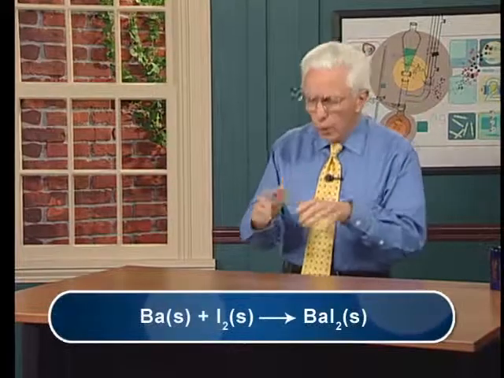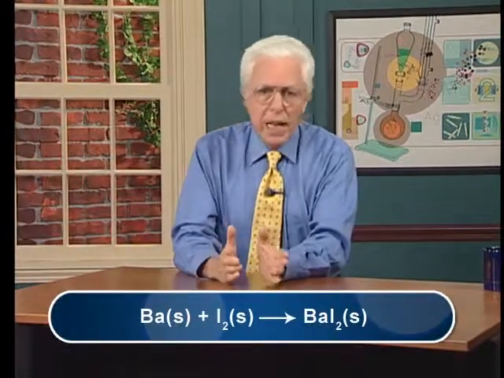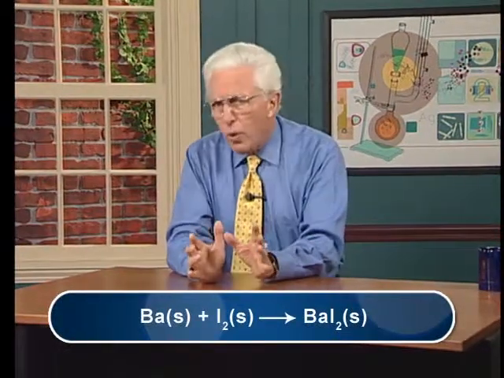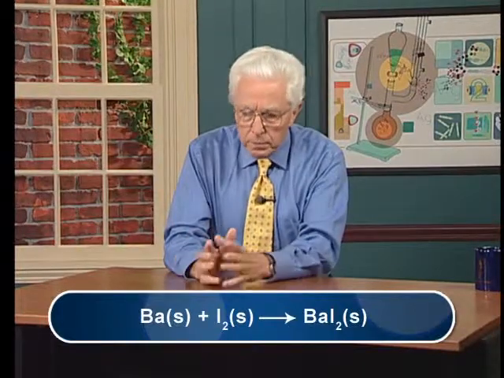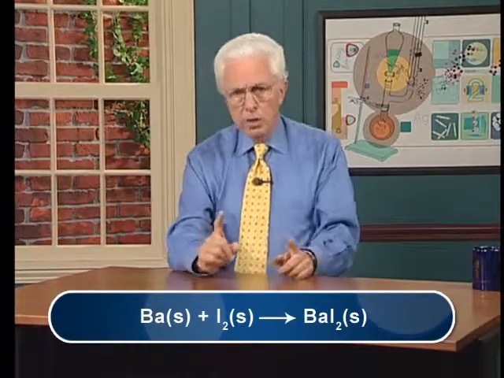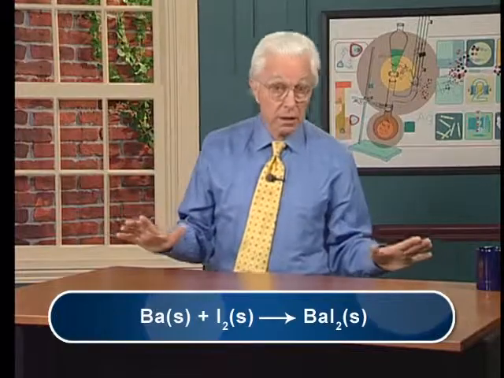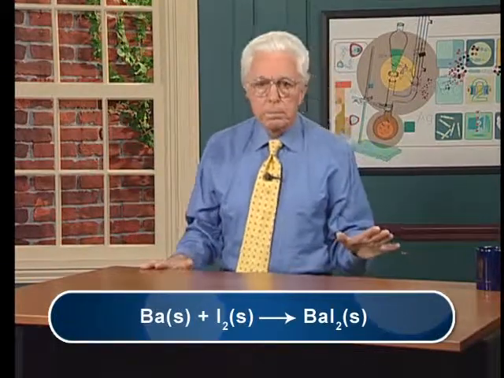Well, that's real nice, but what does this have to do with the mole? Well, let's imagine that you're in the laboratory and you have that problem that we were talking about. You want to run a reaction using barium and iodine, and you don't want anything to be wasted. So you go into the lab, and with great skill, you do the following.